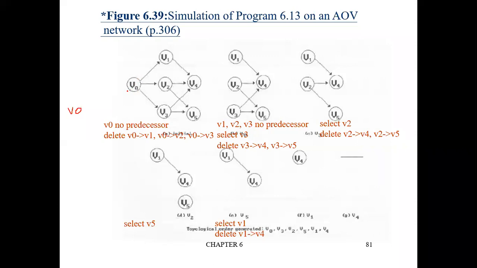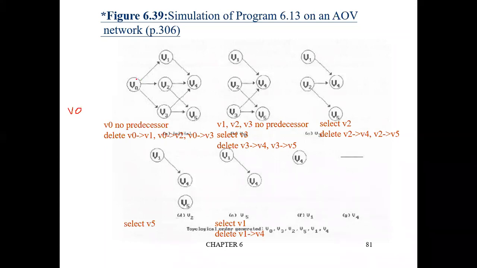After visiting that vertex, now delete all the edges that are going out from V0. What are the edges starting from V0? How many edges are arising from V0? Three edges. What are those three edges? How will you represent an edge?